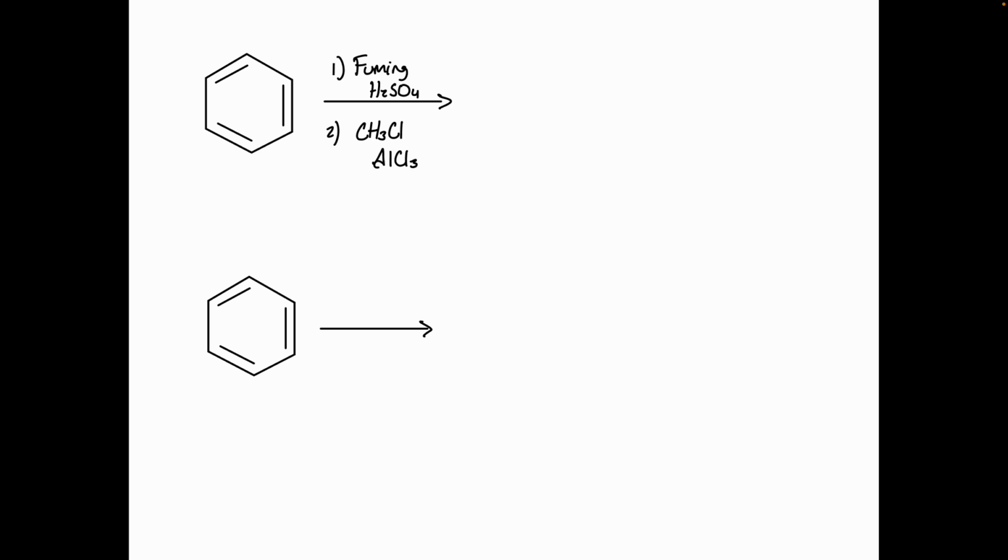And then in my next example, I'm going to take these same 2 reactions and just flip the order here. So now the first thing I'll do is that alkylation reaction, and the second thing I'll do is that sulfonation reaction.